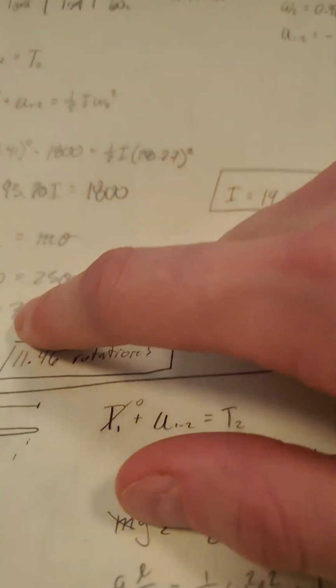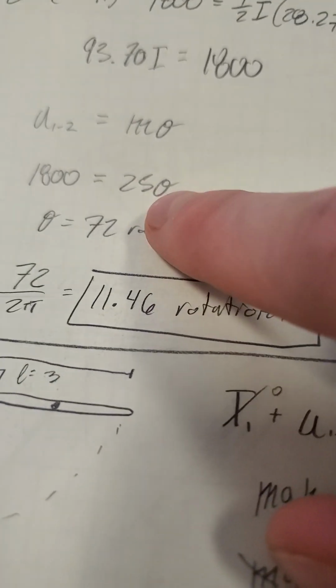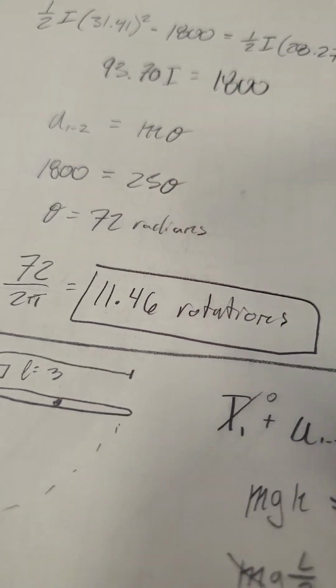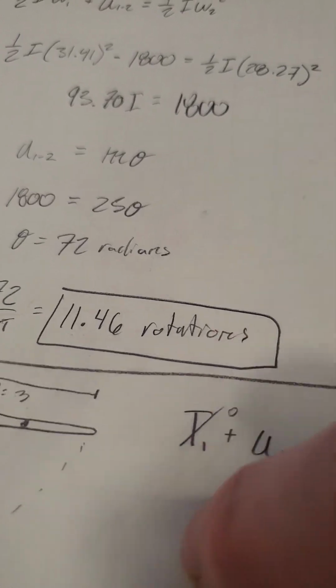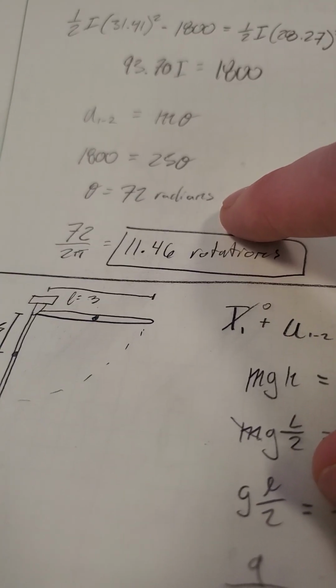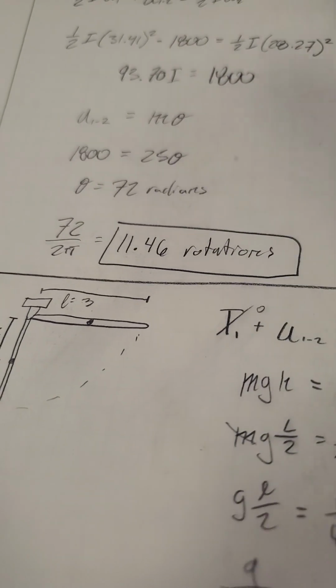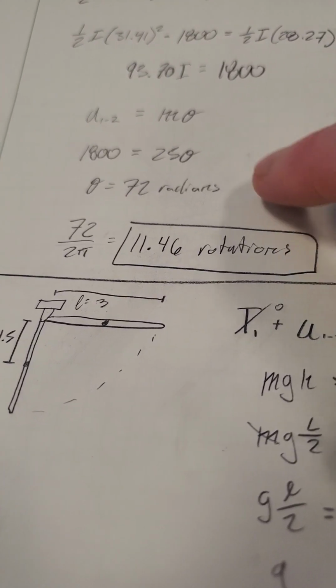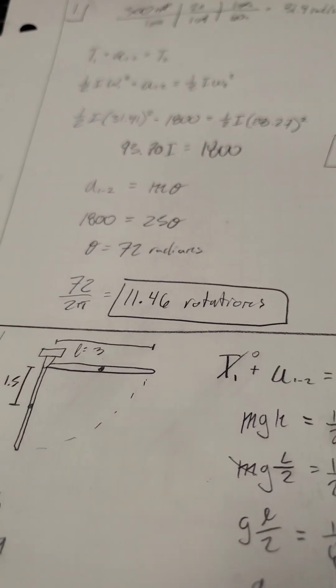So you can basically just solve for the total amount of rotations by dividing the work done by the moment given. And that will give you the total angle in radians. If you just divide that by 2 pi, you get the total rotations because one rotation is 2 pi.